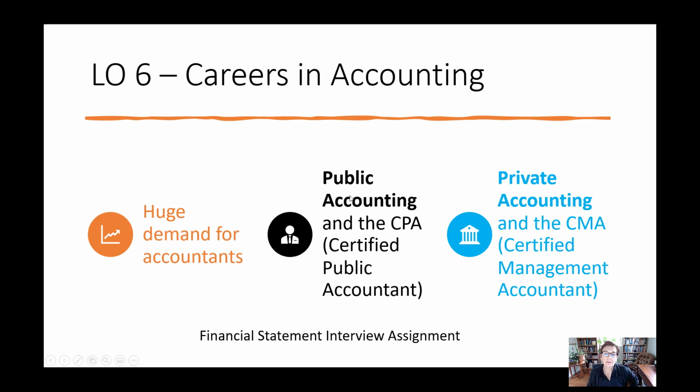So two kinds of accountants are public accountants and private accountants. And I just wanted you to understand the difference because it's something that you might hear about. So if you work in public accounting, you work for a CPA firm, you work for an accounting firm, and you go out to all different clients. So you might go and do an audit of a client, or you might go to a client and prepare their taxes.